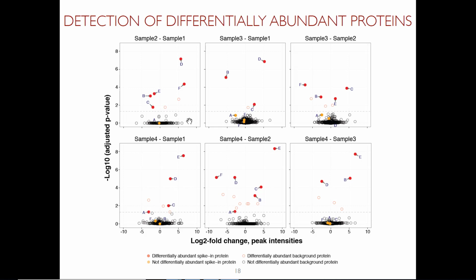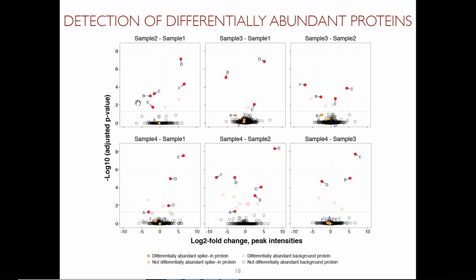Here, the x-axis will be the log-fold change, which we call practical significance. The y-axis is the negative log p-value adjusted for multiple testing, which is statistical significance.